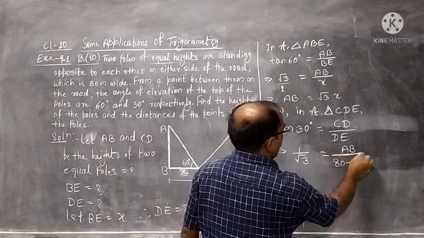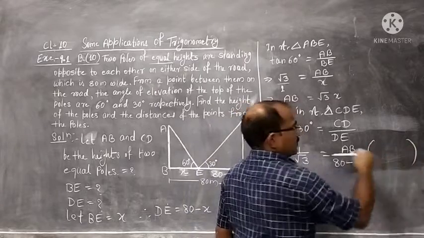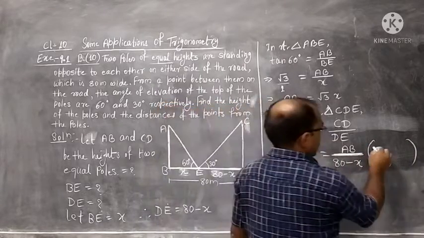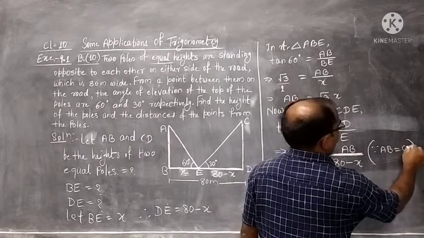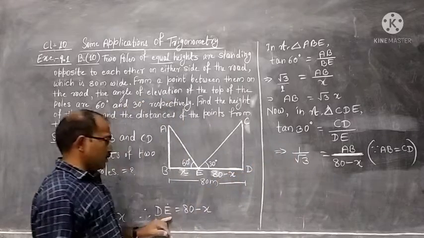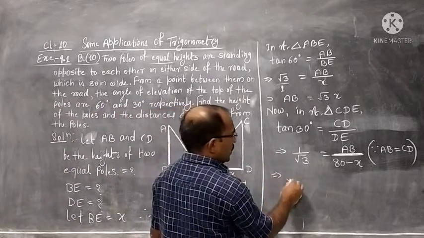Now, if we make any change all of a sudden, it is better to mention it here. CD is equal to AB, since both poles are of equal height, and here we have already shown DE is 80 minus x. Let us do cross multiplication. What do we get?